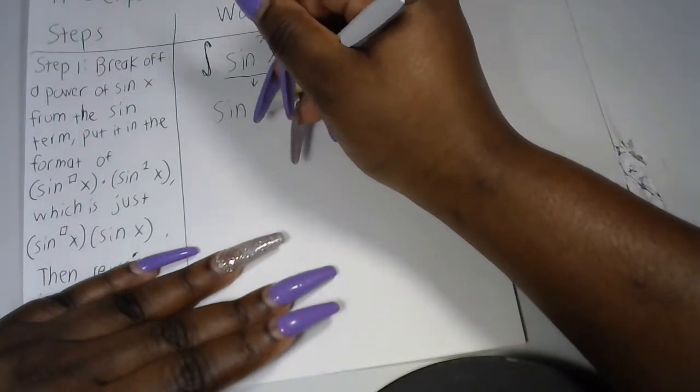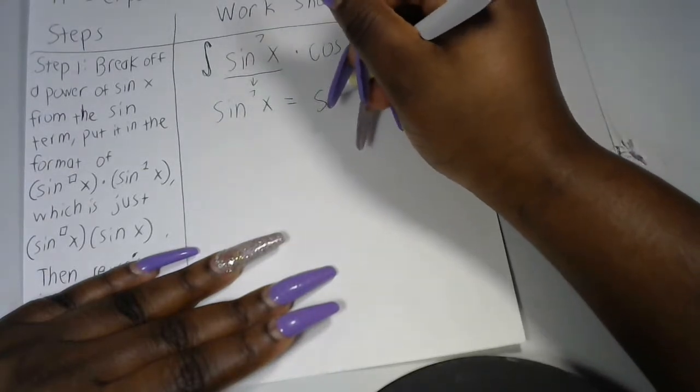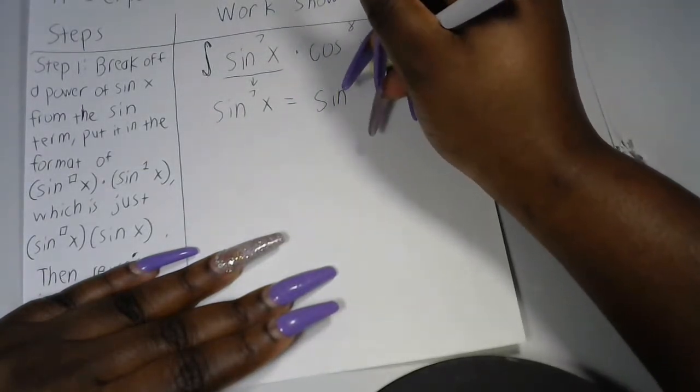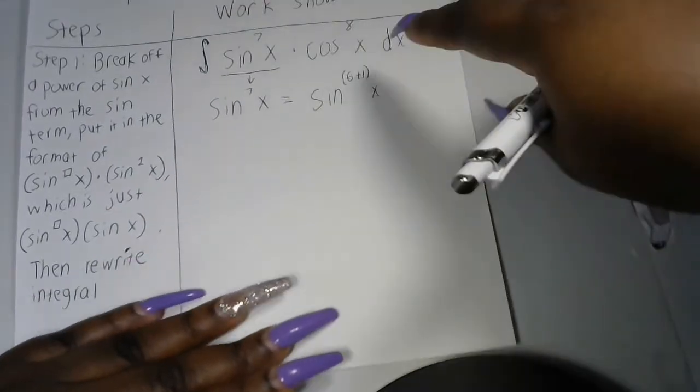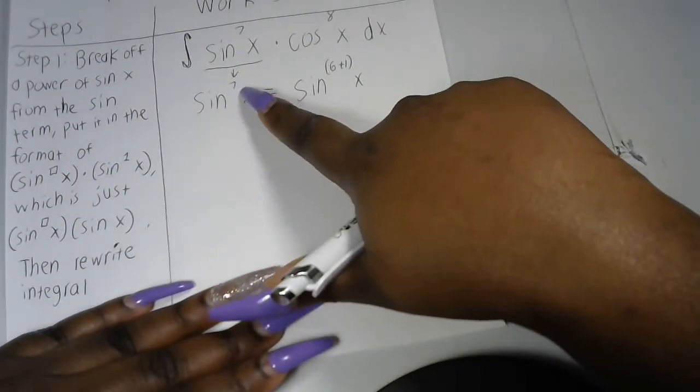Sine x to the 7th power is the same thing as sine x to the power of 6 plus 1. Remember what we did in rule number 1? 6 plus 1 is equal to 7, so we can break it down this way.